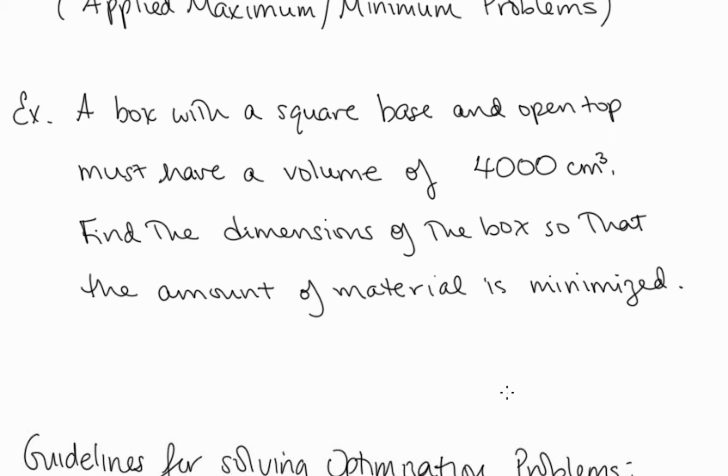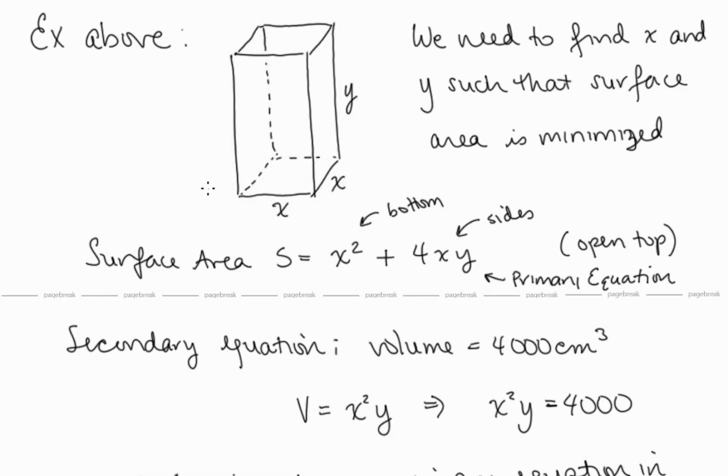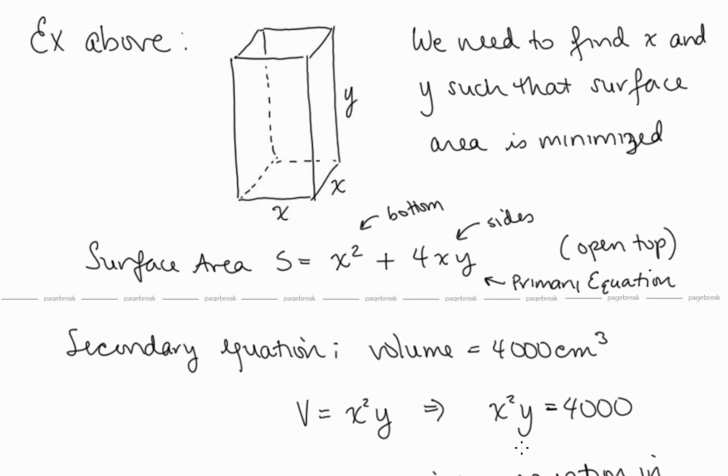That gives us a relationship between x and y. The volume of this box is x squared times y, so we can say V is equal to x squared y, and we know that this volume is equal to 4,000. So x squared y is equal to 4,000. This is our secondary equation. It's a relationship between the two variables that are used in the primary equation.